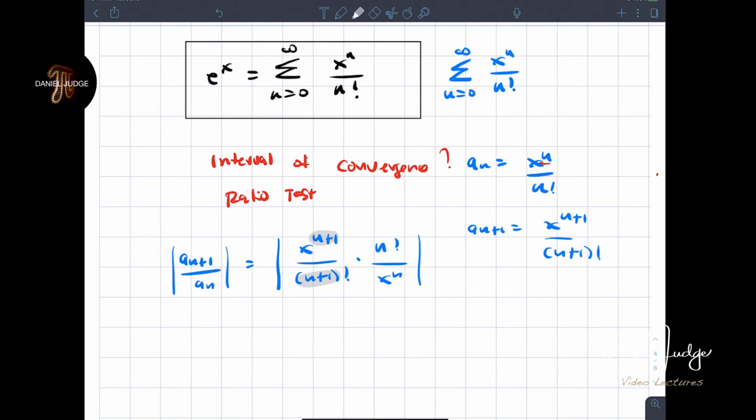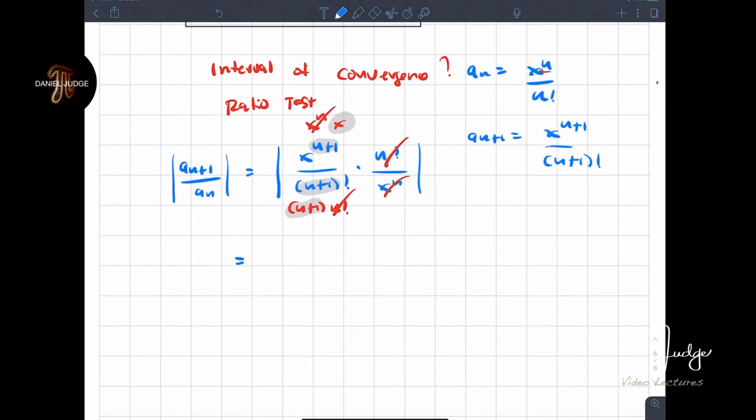Properties here of exponents and definition of factorial. So x to the n times x, n plus 1, n factorial. The factorials are gone. x to the n is gone. Let's see what's left. x is left, and n plus 1 is left, it looks like.